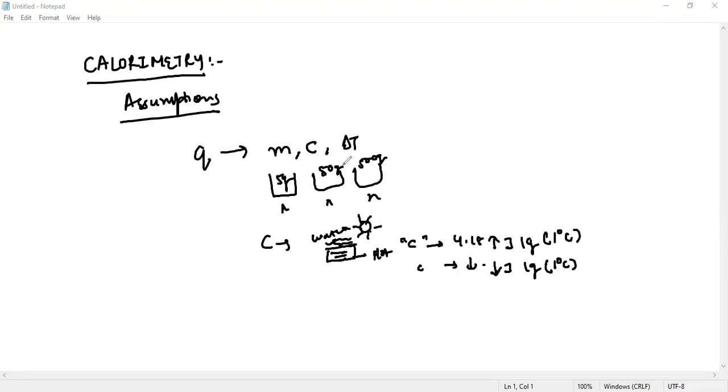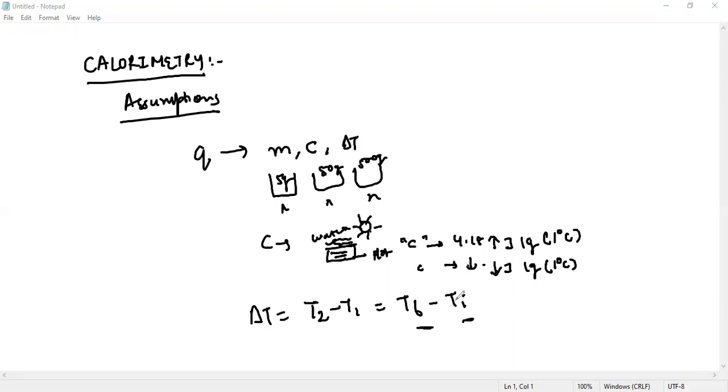Delta T is the change in the temperature. Delta is the Greek symbol that is used to signify change. By delta T we mean the temperature difference, which we denote as T2 minus T1, or you can also write T final minus T initial. What are these two values? At what value we started and at what value we are finishing?